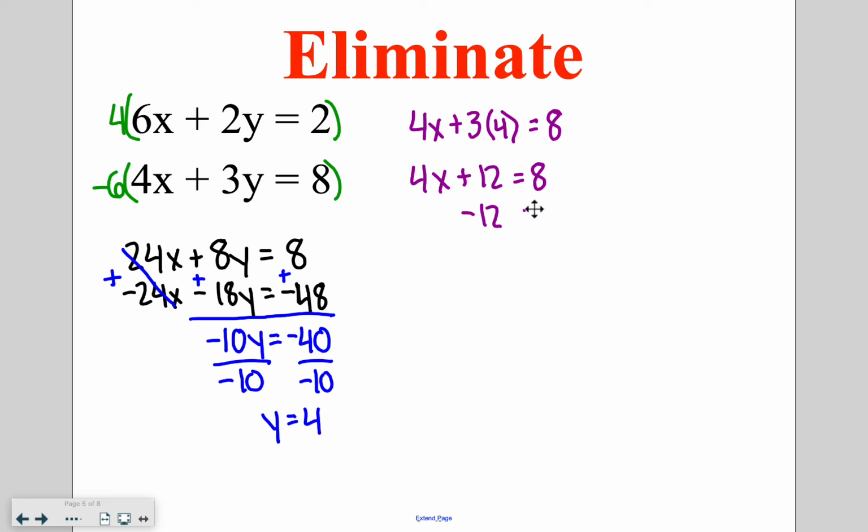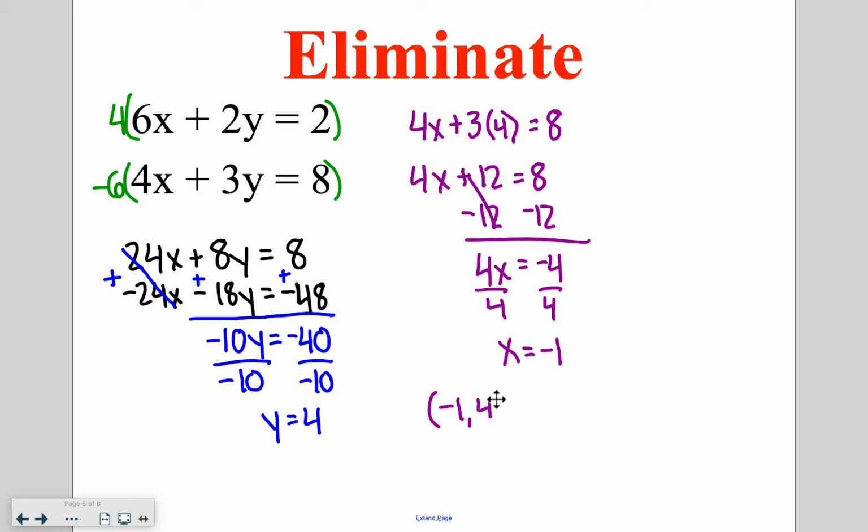Subtracting 12 on both sides to eliminate the adding 12, I've got 4x is equal to negative 4. And when I divide by 4 on both sides, that's going to give me x is equal to negative 1. So my point of intersection for these two lines on a graph would be negative 1, positive 4.